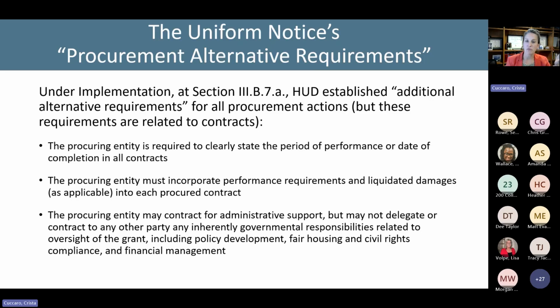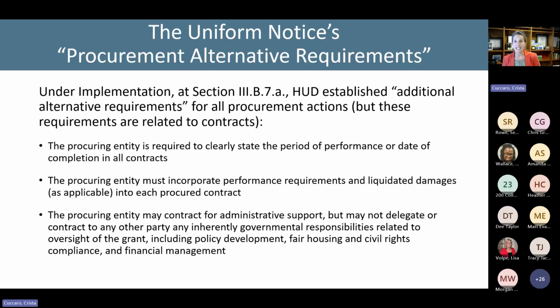One of those was the Uniform Notice. The Uniform Notice says that HUD has established what it calls additional alternative requirements for all procurement actions. But I really think of these as contracting requirements rather than procurement requirements. These are specifically listed below.